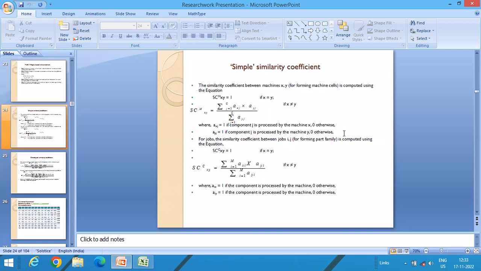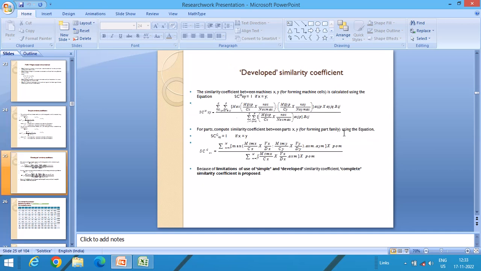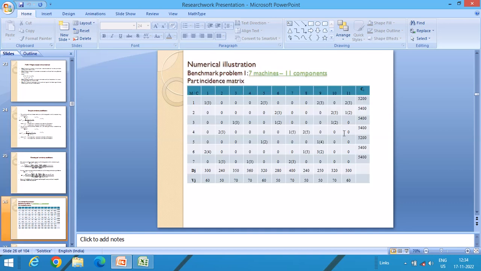This complete similarity coefficient is obtained from this simple similarity coefficient and this developed similarity coefficient. Earlier I followed these two similarity coefficient relations, and finally I am proposing this complete similarity coefficient method.